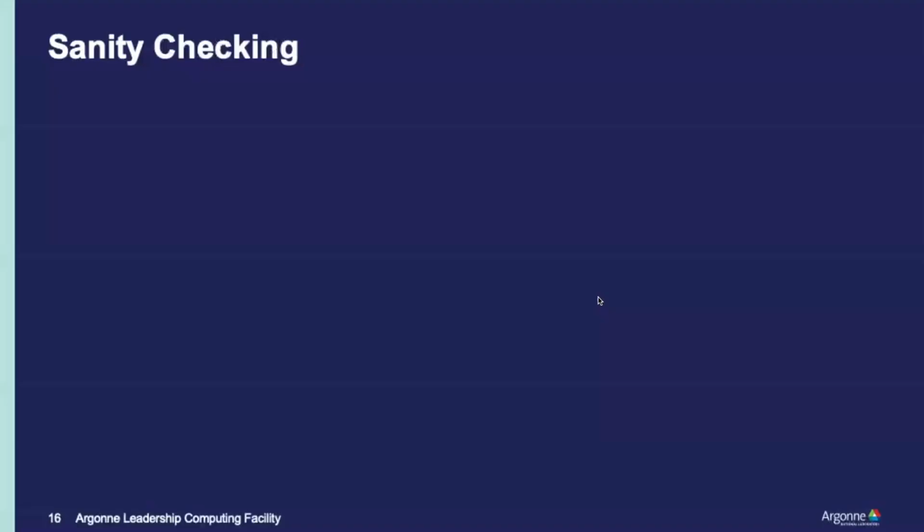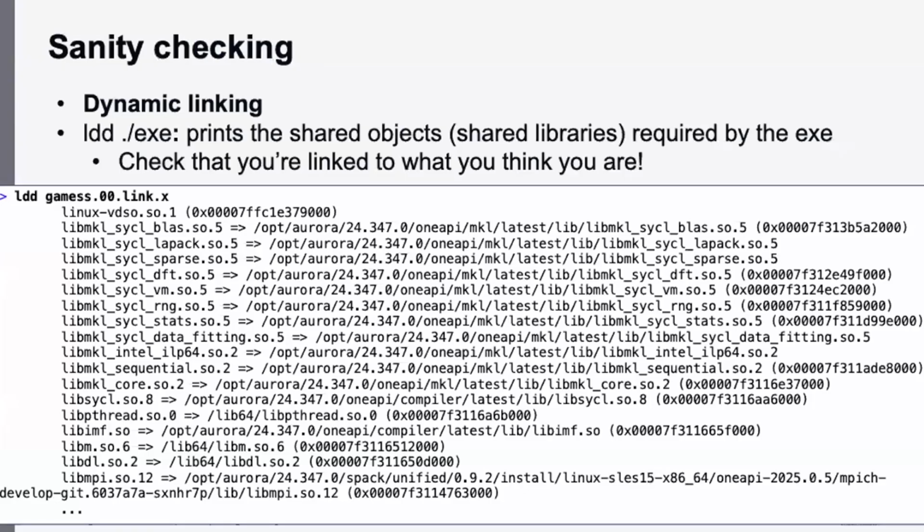Hopefully that's enough on where you can look for examples to get started, and then linking, so some sanity checking. Like I mentioned before, most libraries are linked in via dynamic linking. That means it's really useful to check your environment at compile time and runtime to see what shared libraries you're linking in.